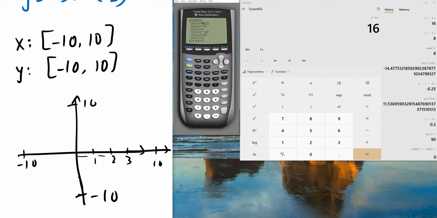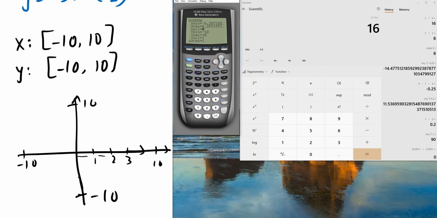You can change it. Let's say I want to change this to -3 to something. You can put -3 there, or let's put pi, -pi. Or let's say I want to put -2 pi, with the second key for pi. So if you want to graph a function over -2 pi to 2 pi, you can do that, on the x-axis.